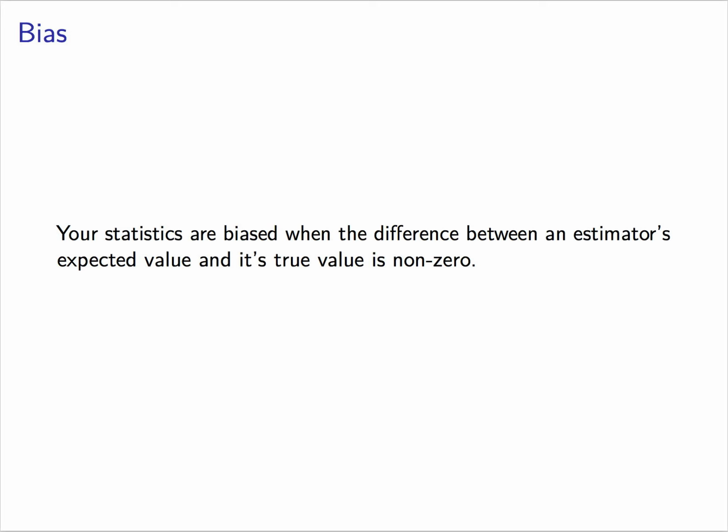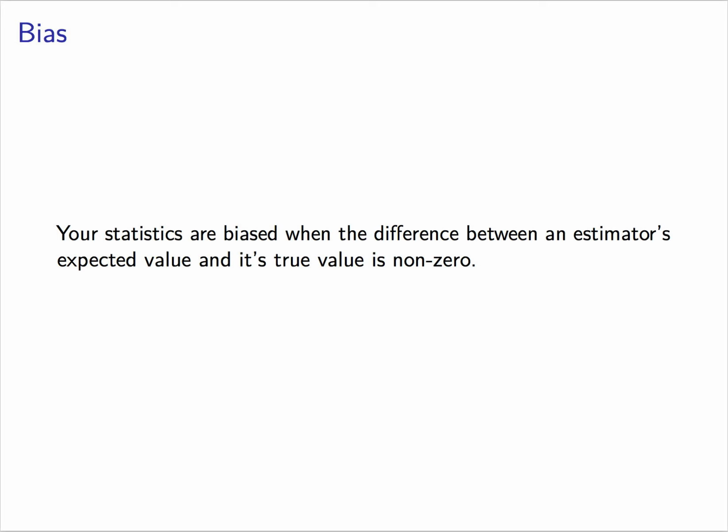So we talked a little bit about bias already, but your statistics, as well as the data from which those statistics are derived, are biased when the difference between your estimator's expected value and its true value is not zero. Put another way, bias can be thought of as resulting in a systemic difference between a statistic and the true population parameter.